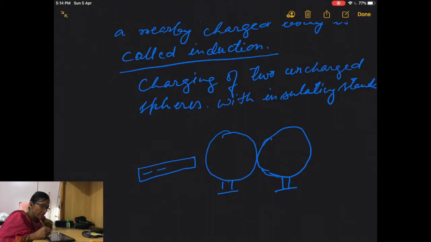Suppose a negatively charged body is brought here, then few of the positive charges from this uncharged body will be shifted near to the closer surface. I'll explain why not all charges. And all the like charges will be repelled to the farther surface.